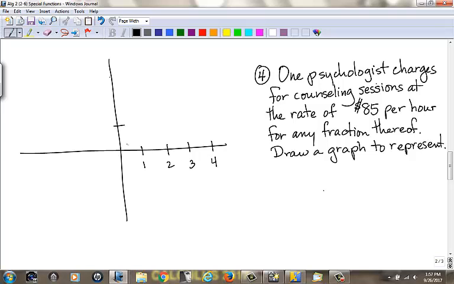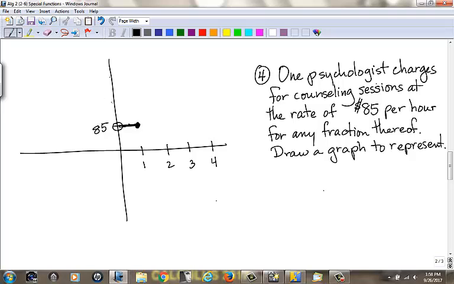Okay, at $85 an hour, they're not going to make any money. Look where that open circle is. As soon as they work a minute, they are going to charge you $85. So this is solid, $85, no matter what fractional part of that hour. Then when they get to 1 hour, 1 hour's worth, $85 an hour.